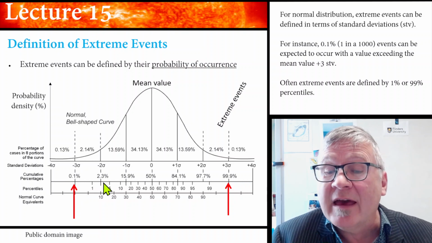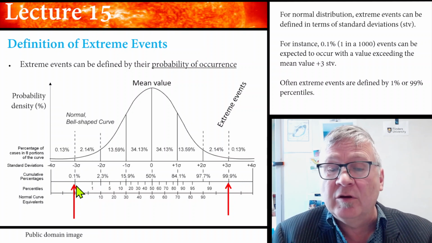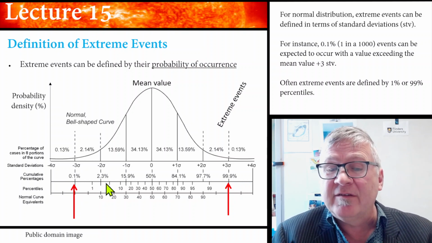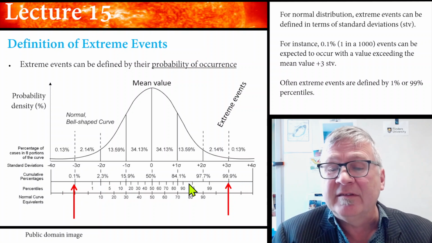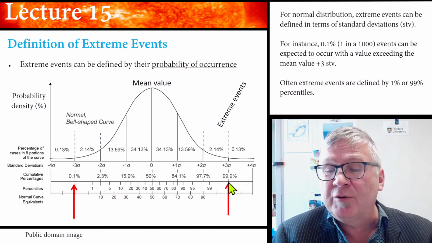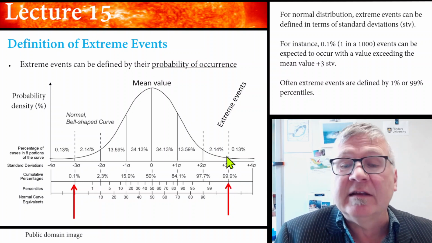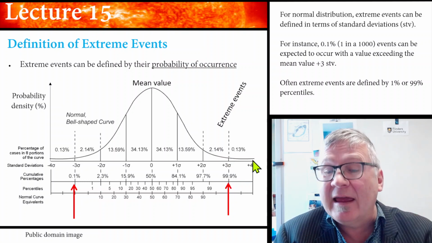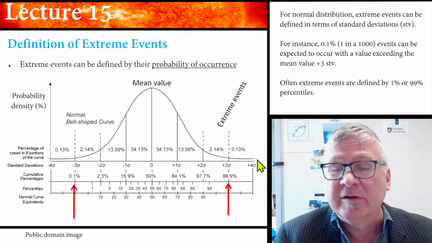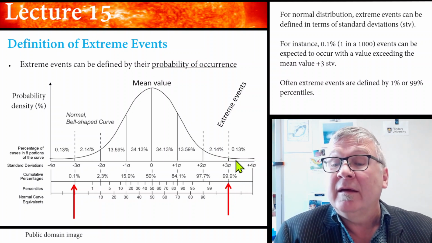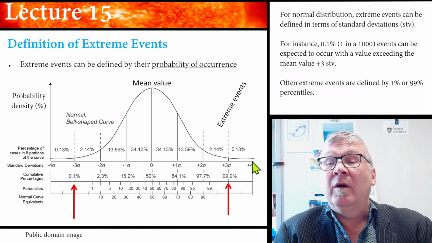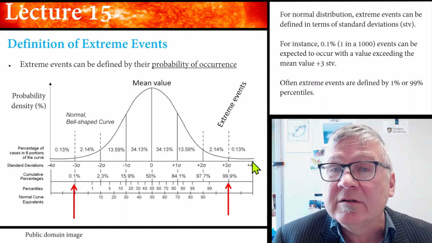Similarly, if you go to the other end, and this is cumulative, if you sum up all the events, 99.9% are within mean value plus 3 standard deviations, and anything higher, higher temperatures in your example, only occurs 1 in 1,000 days.